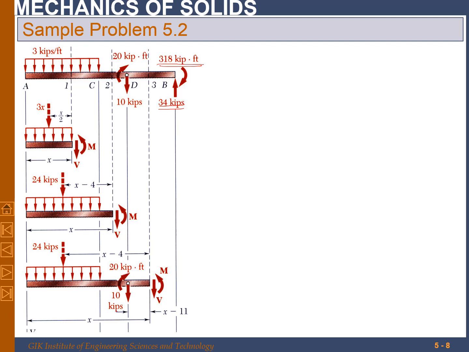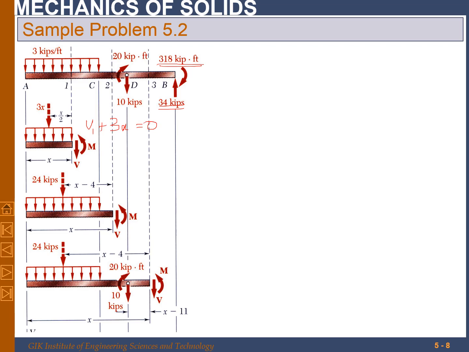Okay, now first we will take a section. It's a distributed load between A and C. So we are taking a section between A and C, first section over here, and we draw the free body diagram of the section. Now, if I want to write the shear force from the equilibrium condition for the forces, I can write V1 plus 3x is equal to 0.